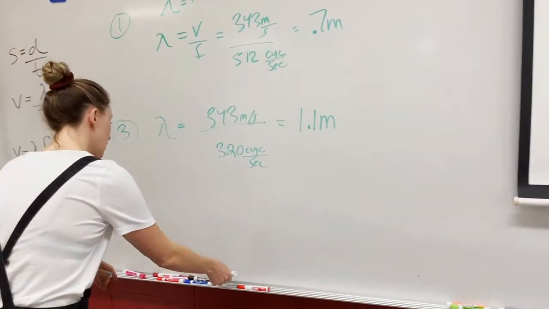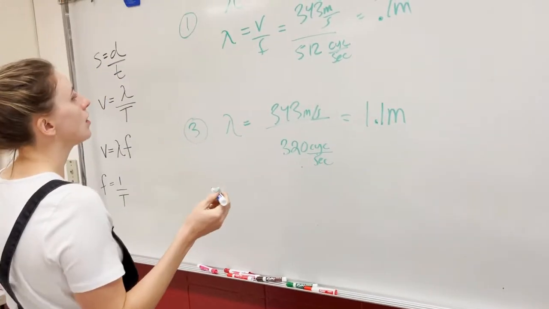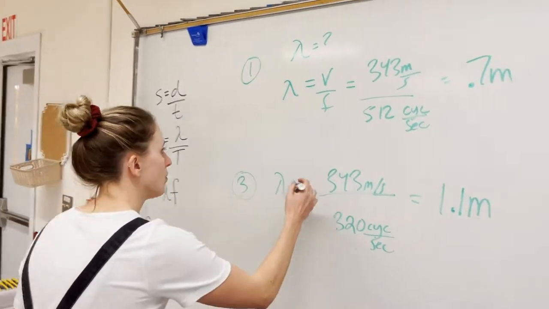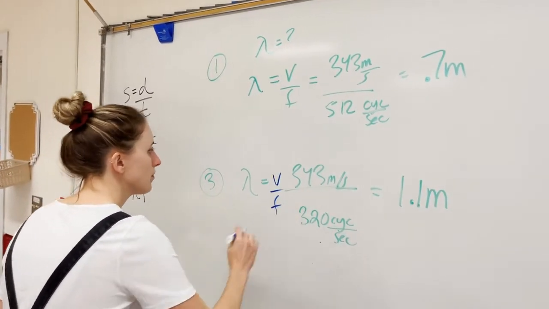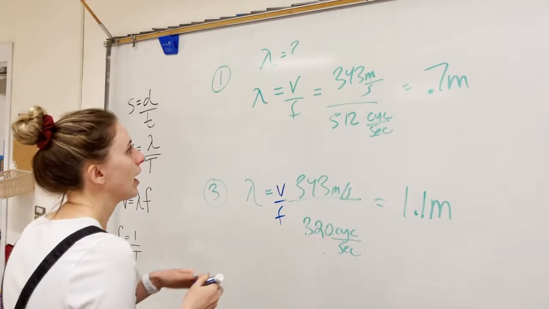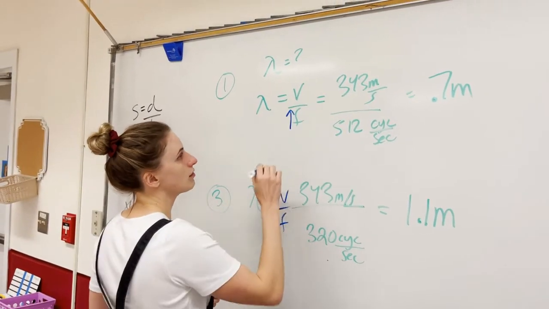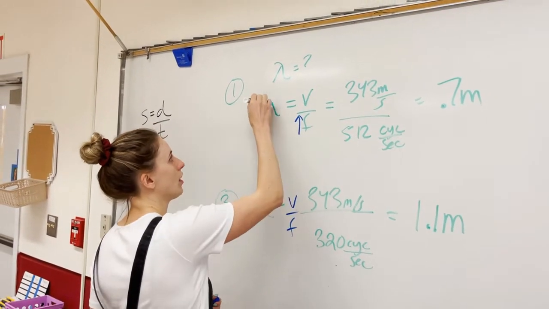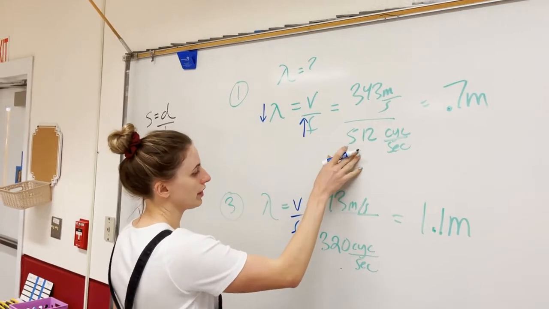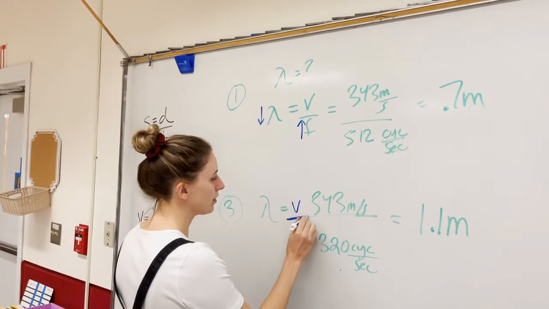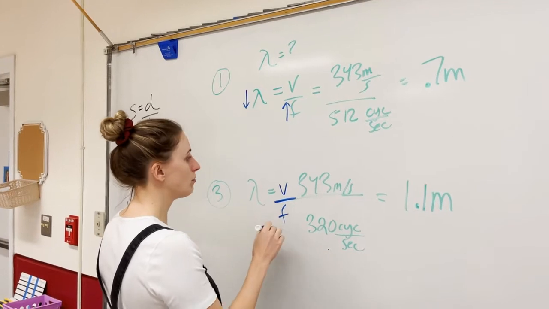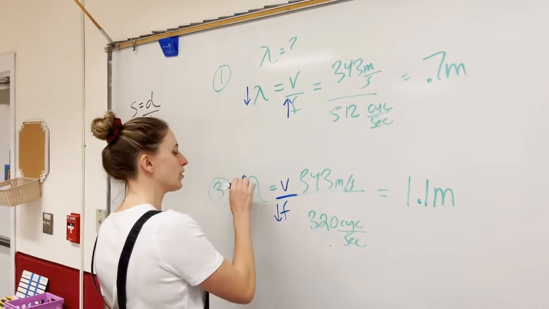So Mr. Boykin, this is really important. Here, I'm gonna say velocity over frequency. Here we had a higher frequency, and we have what we'll call a smaller, shorter wavelength. And now for here, we have a little bit lower frequency, so we have a bigger wavelength.